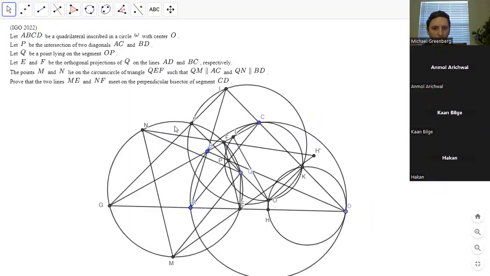So this circle passes through J, E. Yeah, I can't think of a good way to use Casey's theorem.